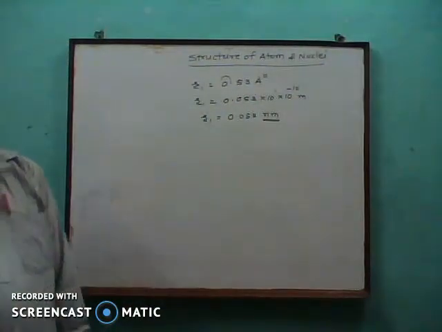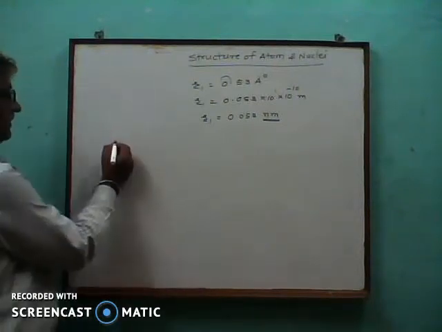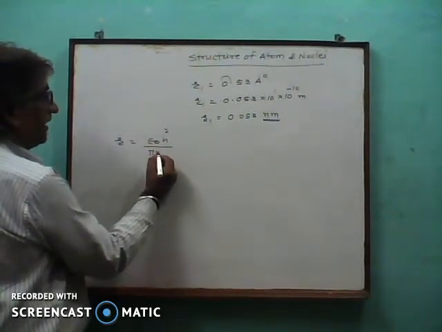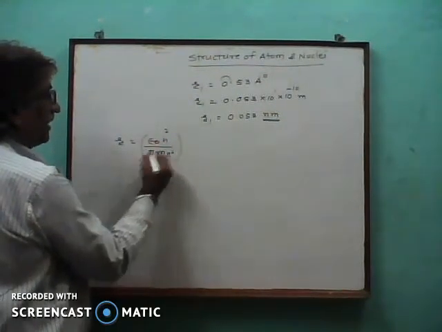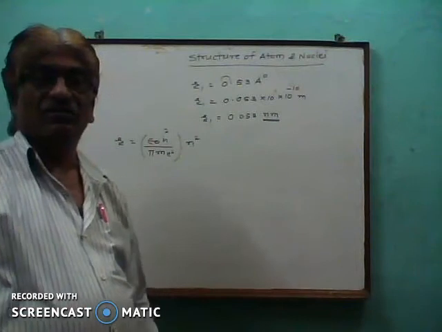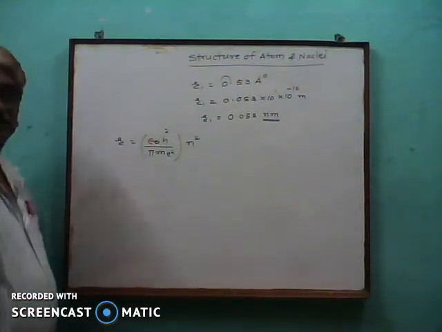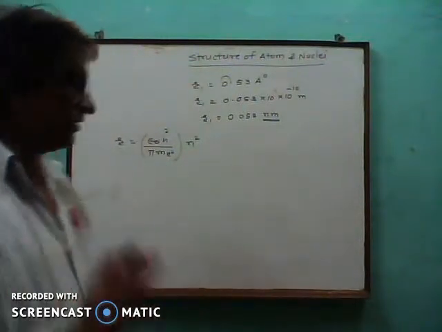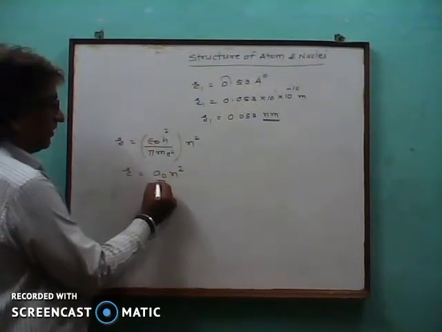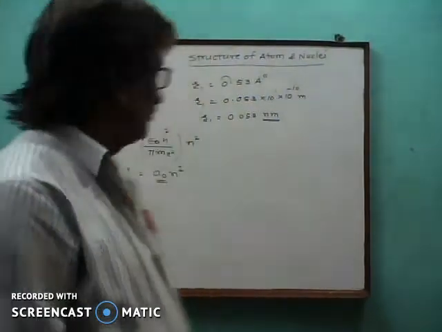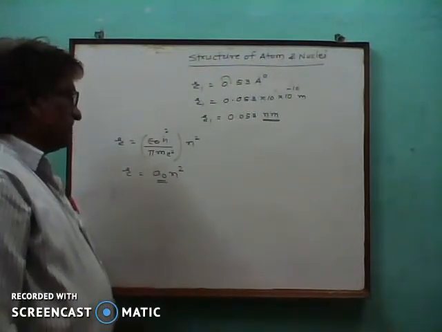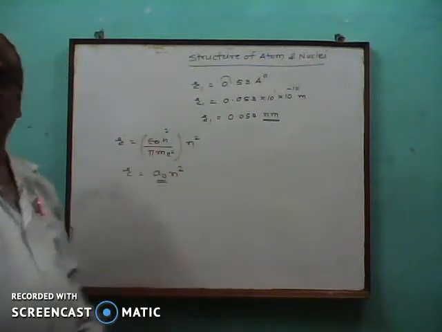See here, radius r is equal to epsilon 0 h square upon pi m e square, bracket, into n square. That is the formula for radius of orbit. This bracket term is constant, so it can be written as r is equal to a0 n square, where a0 has the value epsilon 0 h square upon pi m e square.